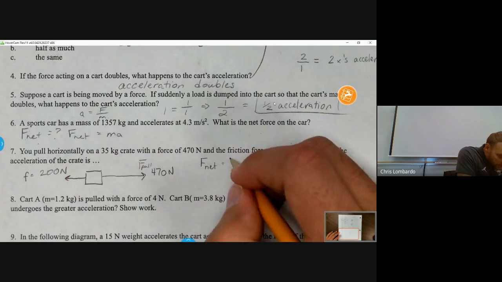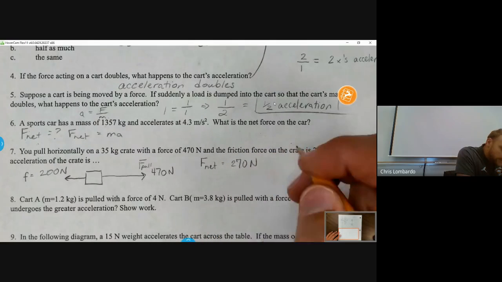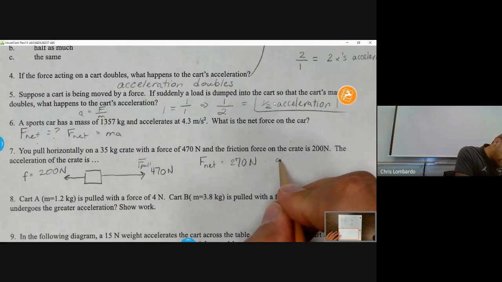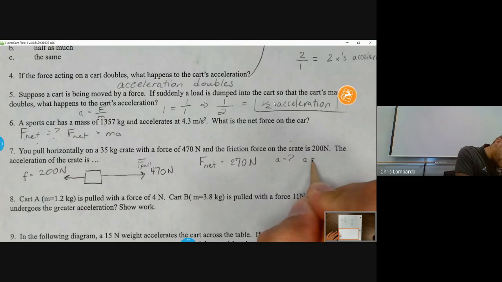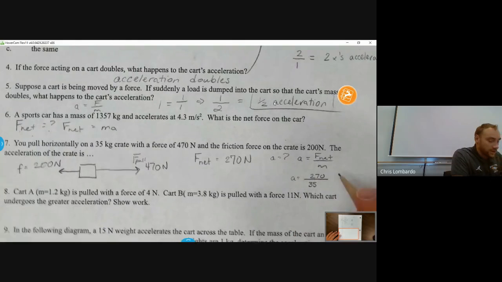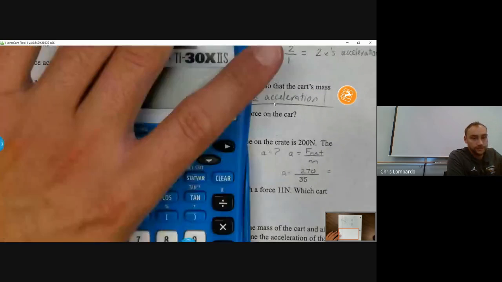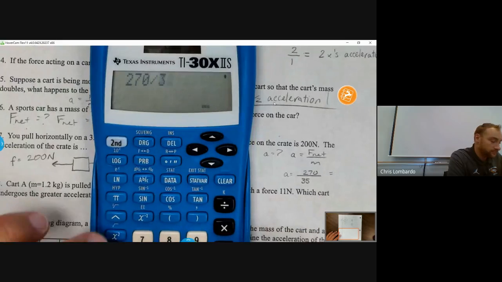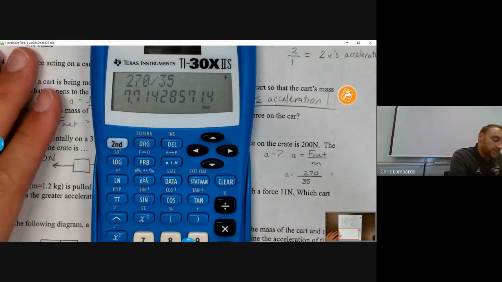And that is going to give us 270 newtons. Okay, so they wanted acceleration. A is your question mark. And from the triangle, A is the F net over M. We have the net force of 270 over 35 kilograms, and that is going to kick out an answer of 7.714 and change.